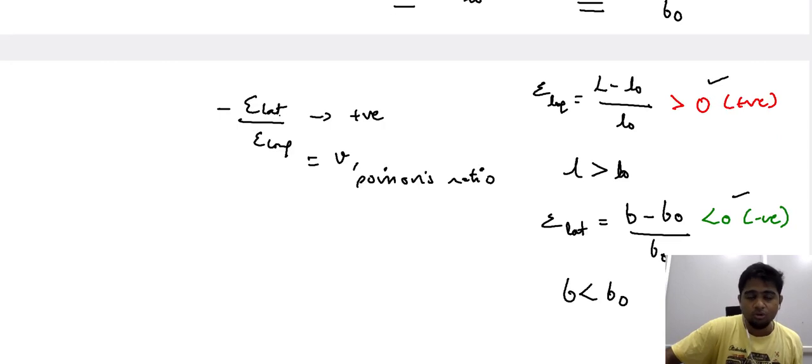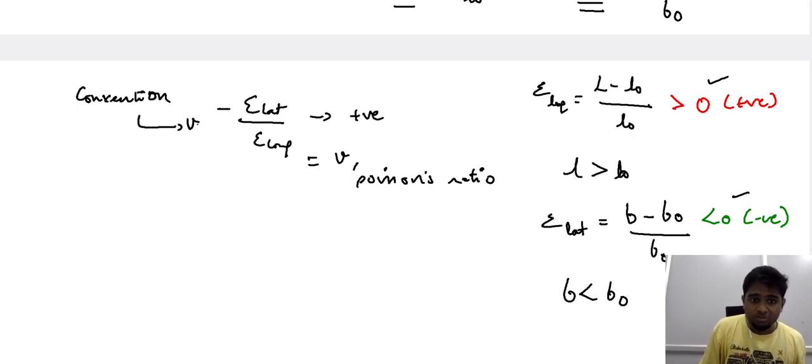The numerator becomes positive because of the negative sign that is brought in by the convention. So ultimately what we end up having is a positive ratio, and this positive ratio is called Poisson's ratio.